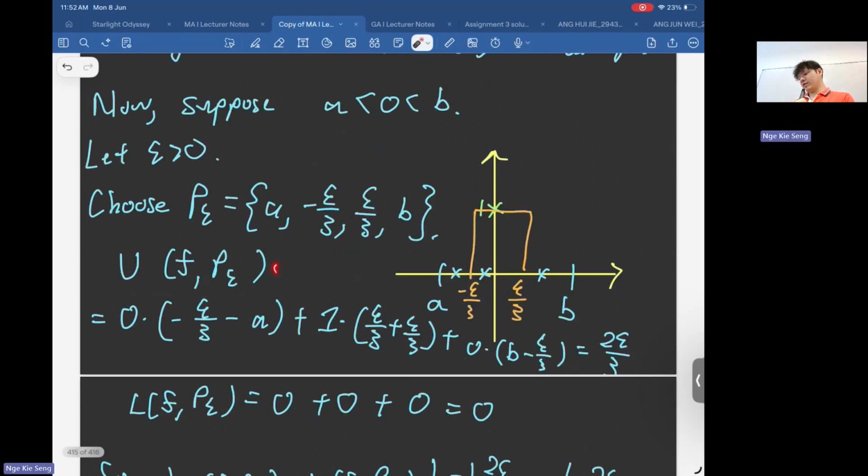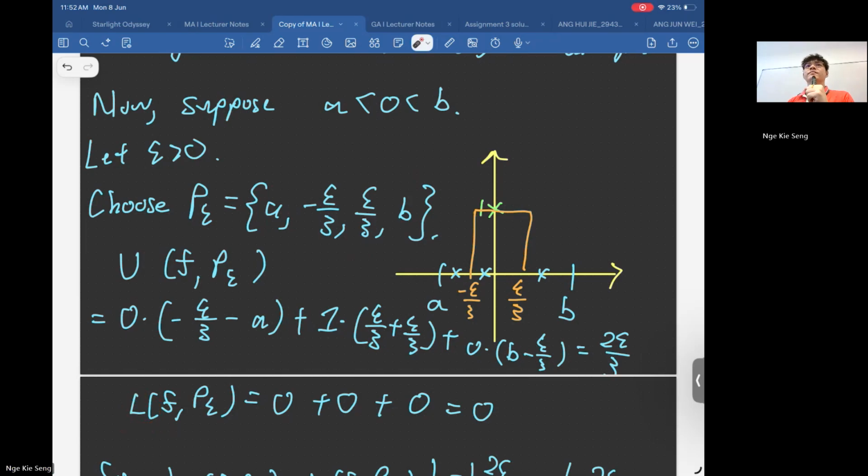What you do here is pretty fixed after you fix your partition. The point here is, if your A is equal to 0, how do you fix your partition? Once you fix your partition, your L and U are already fixed because it's a formula depending on your partition.